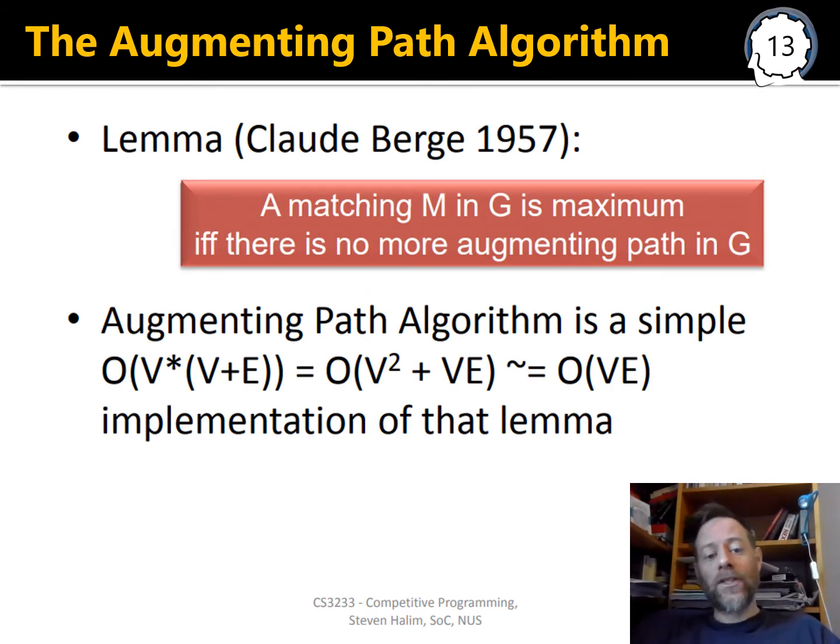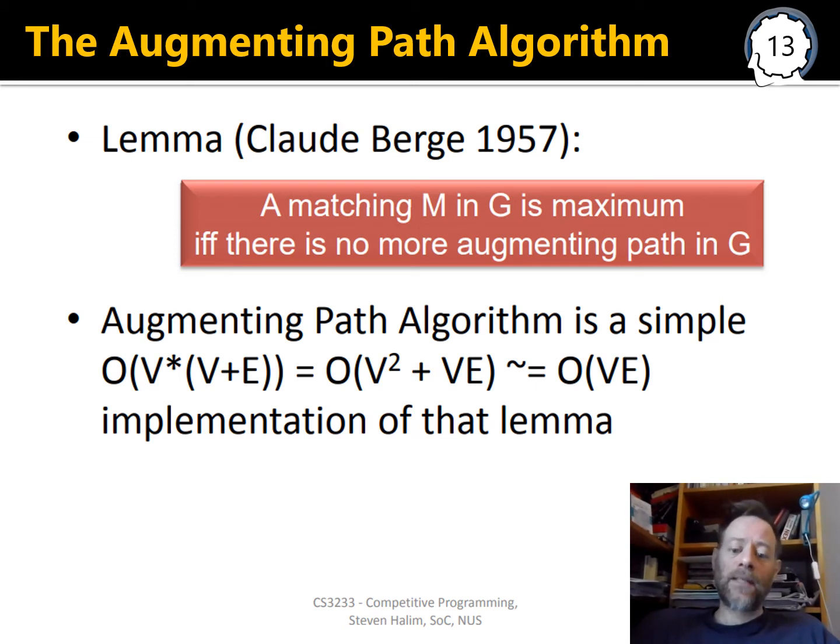And this is then, of course, connected to this nice lemma by Claude Berge from the 50s that says that a matching M in G is maximum if and only if there are no more augmenting paths in G. So this is actually a way of solving all these matching problems in graphs.